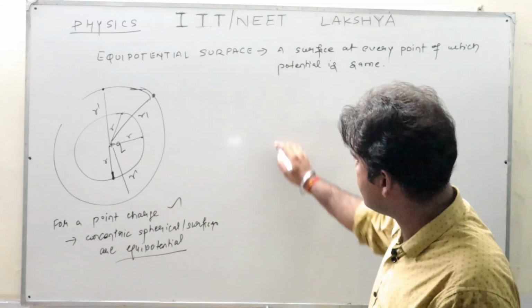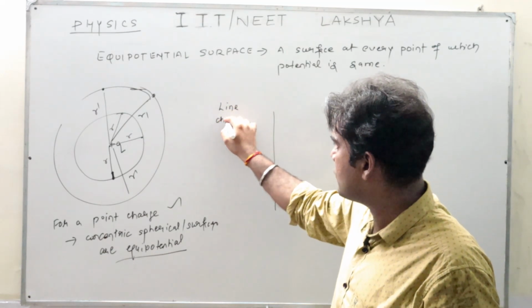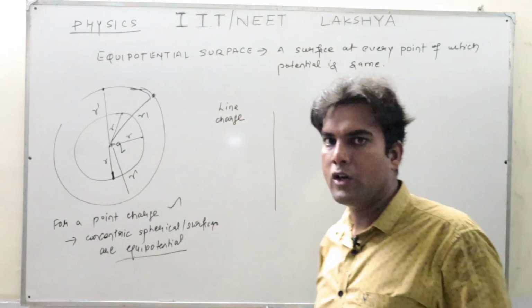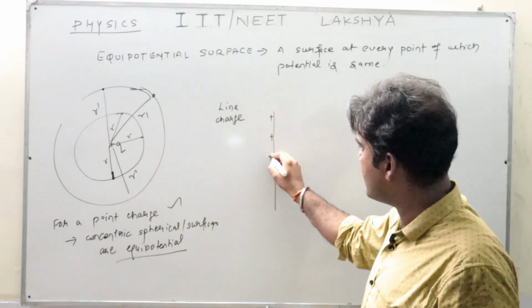Similarly, suppose you want to consider a line charge. Remember linear charge density lambda, which is the charge distributed per unit length. Here this is your line charge.